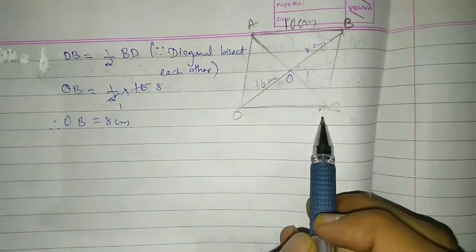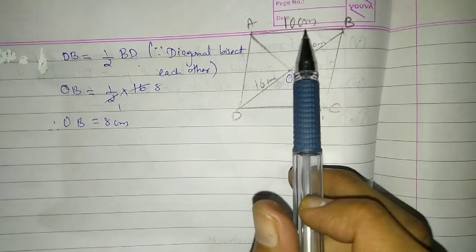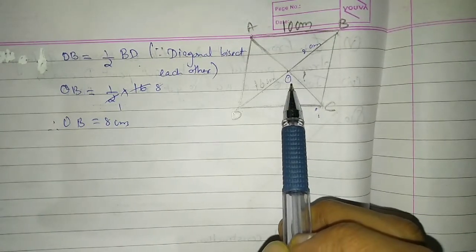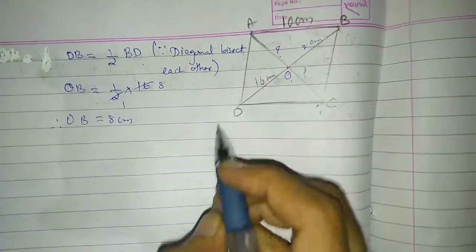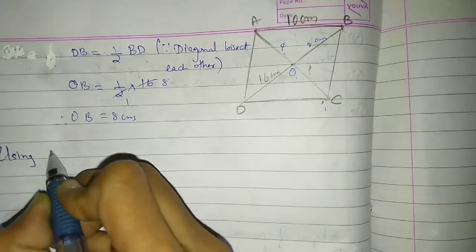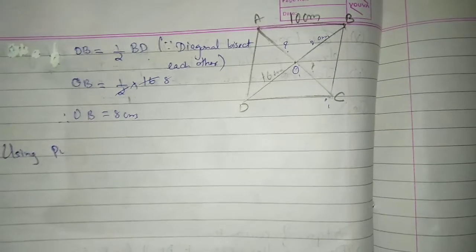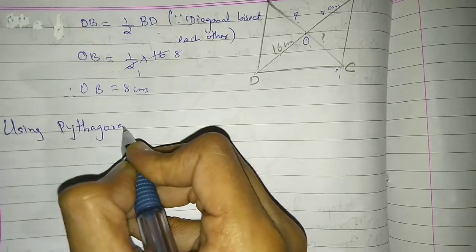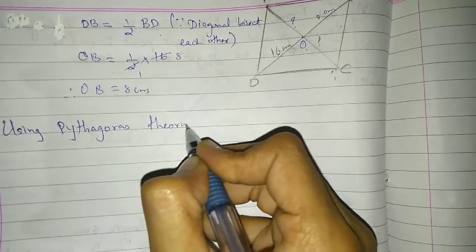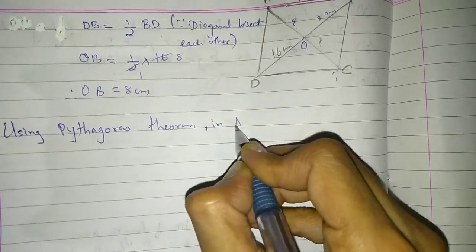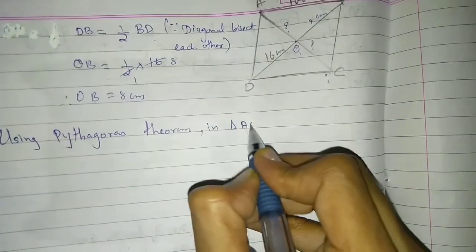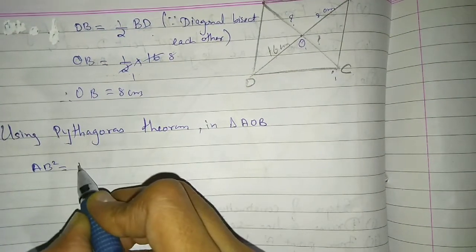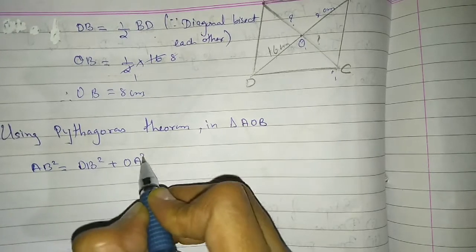What we have to find is AC. Now with the Pythagoras theorem we can find this side OA. So using the Pythagoras theorem in triangle AOB, AB, the hypotenuse, squared equals OB squared plus AO squared.